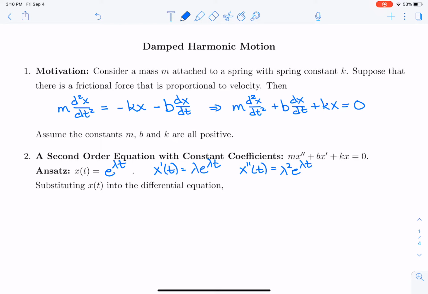So we want to substitute our x of t back into the differential equation so that we get m lambda squared e to the lambda t plus b lambda e to the lambda t, that's substituting for the first derivative, plus k times x, which is e to the lambda t, is equal to 0.